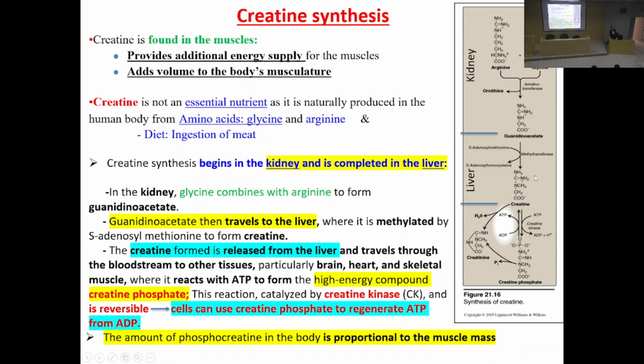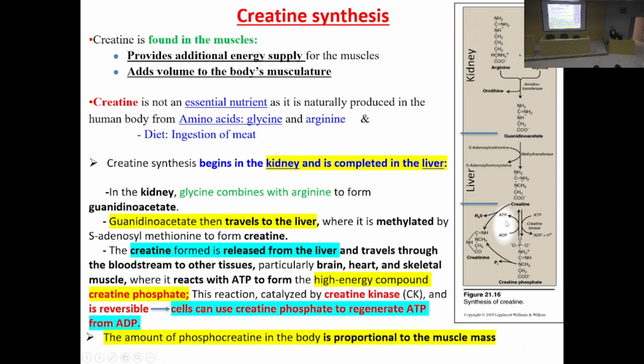Then this creatine travels to the muscles, brain, heart, or whatever needs the energy. And this creatine, in the presence of ATP, will be converted into creatine phosphate or phosphocreatine. Okay, it will be phosphorylated, and as you can see here, this reaction is reversible, so we can also use the creatine phosphate to regenerate ATP.